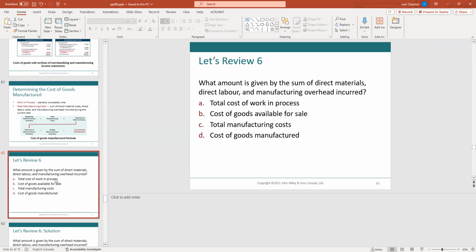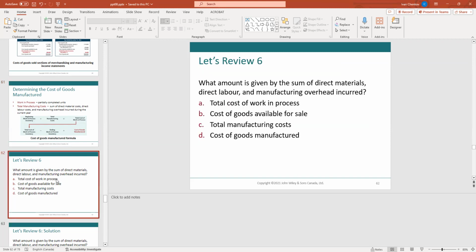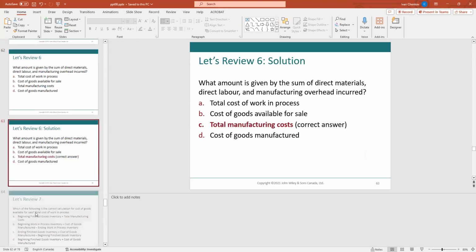Once we're adding direct material, direct labor, and manufacturing overhead, how are we going to call this one? Total cost in work in progress. Watch this. Total manufacturing cost. So what will be the correct answer? C. C is the correct answer.